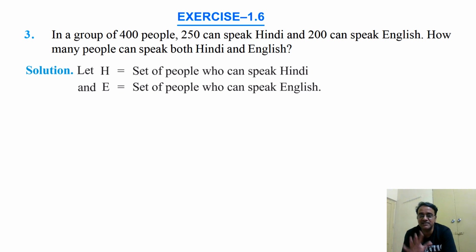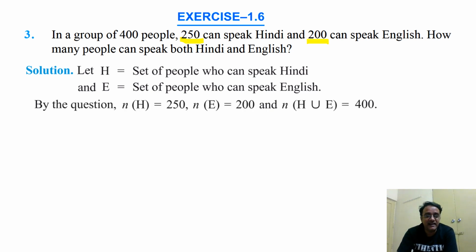We'll take H as the set of people who can speak Hindi, and E as the set of people who can speak English. Okay. Now n of H is 250, right? And n of E is 200, and n of H union E is 400.